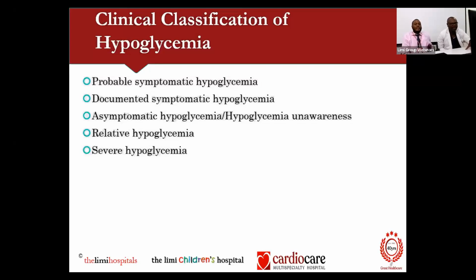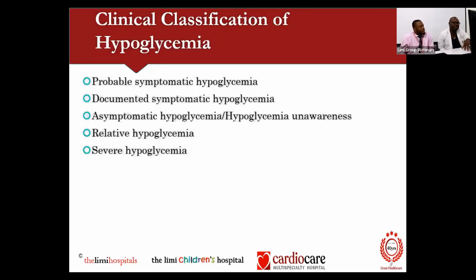And this is a type of hypoglycemia that you need to understand, so that when you have such cases, you don't have to be worried or disturbed. You know what the problem is and how to follow it. Now, probable symptomatic hypoglycemia is when the patient has symptoms of hypoglycemia, which is sweating, as you know, tremulousness, hunger, headache, dizziness, all those autonomic symptoms.